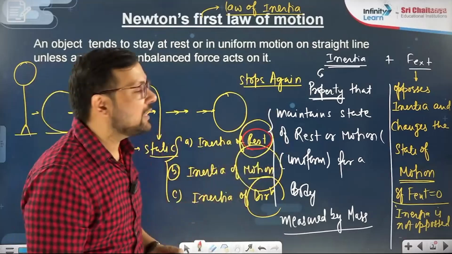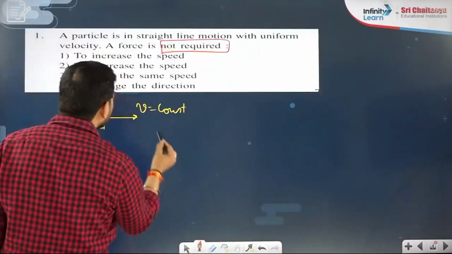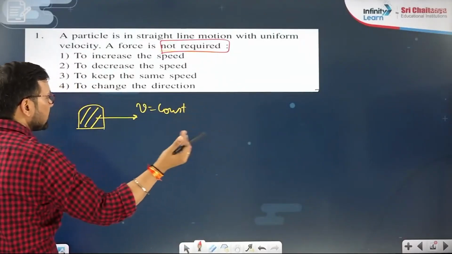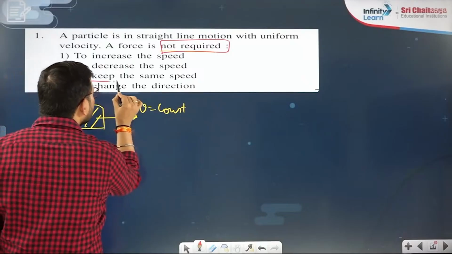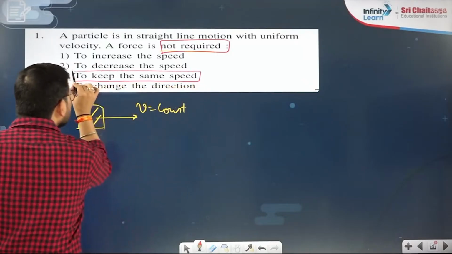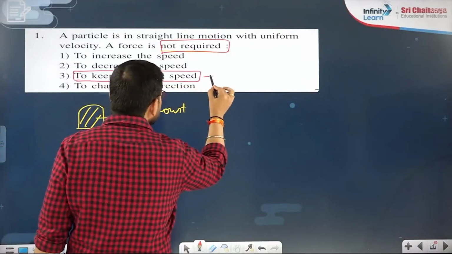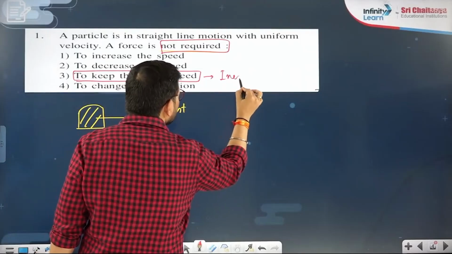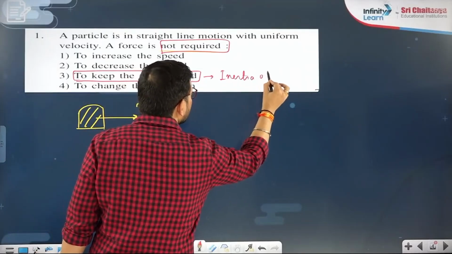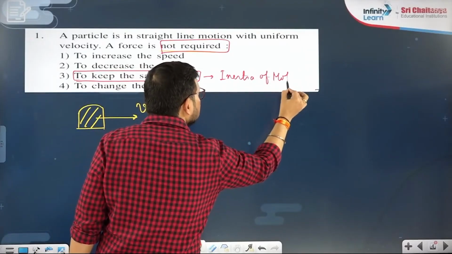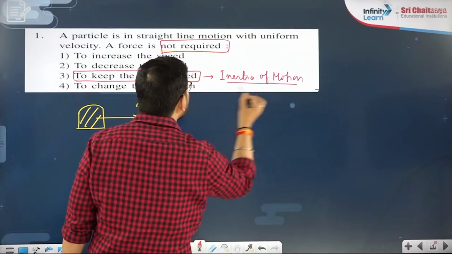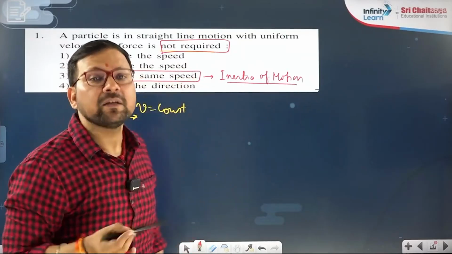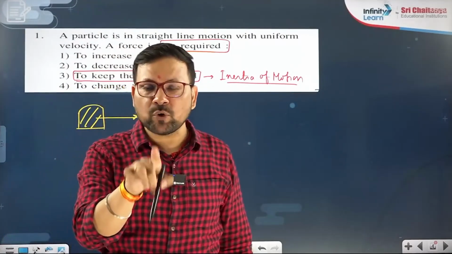You don't need force. But here the body is already moving. There is no question of rest. So if you want to keep the same speed, that means inertia of motion. Inertia is helping to maintain the same speed. Who is helping the body to maintain the same speed? Inertia. Do you want to oppose it?